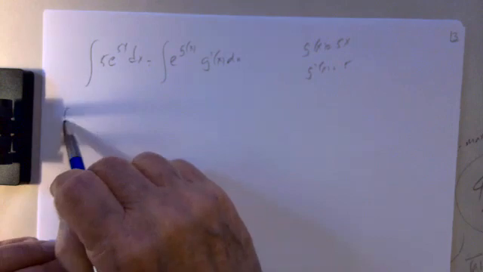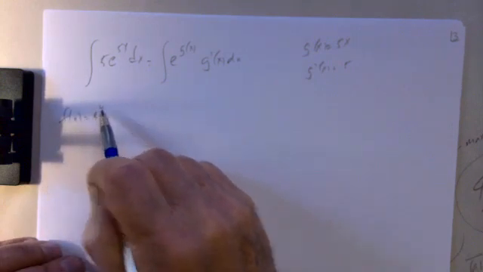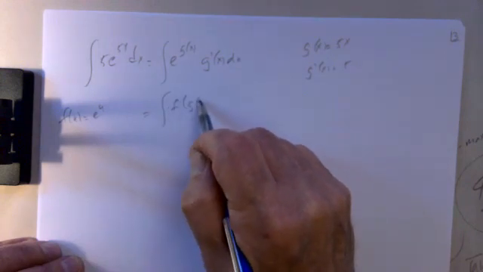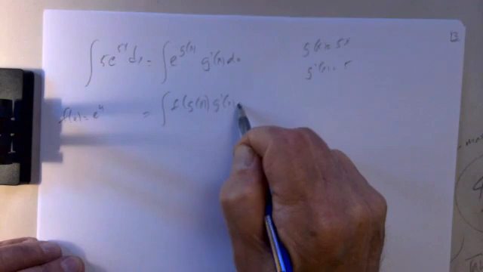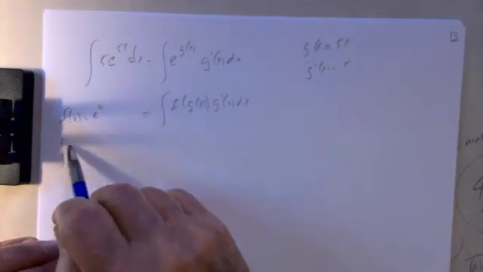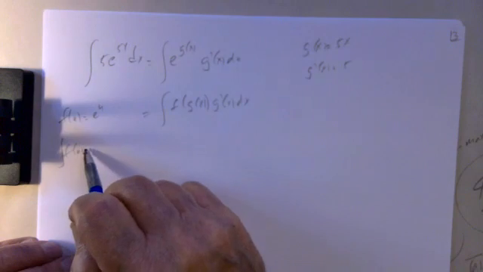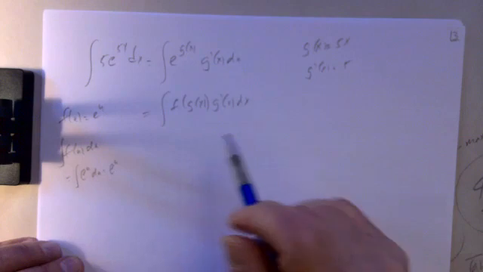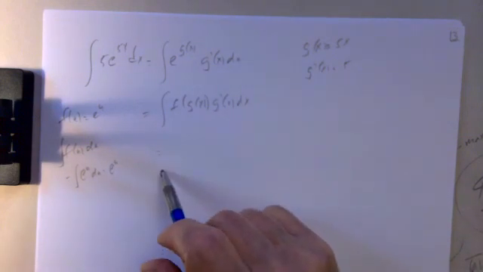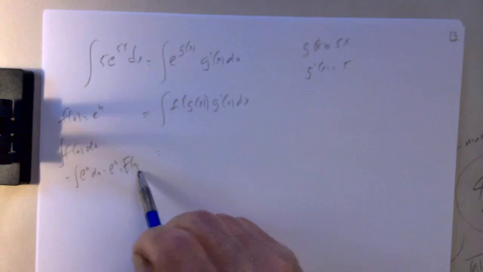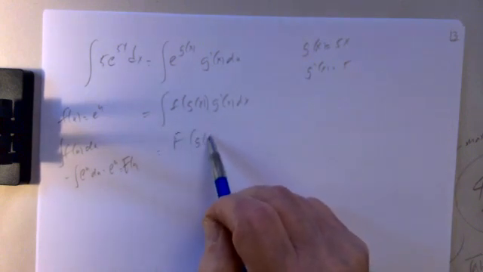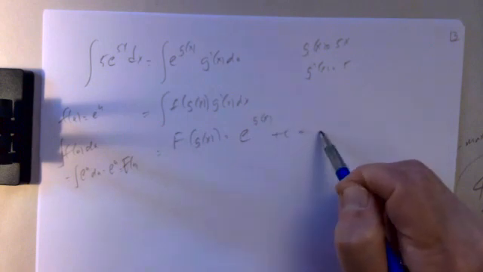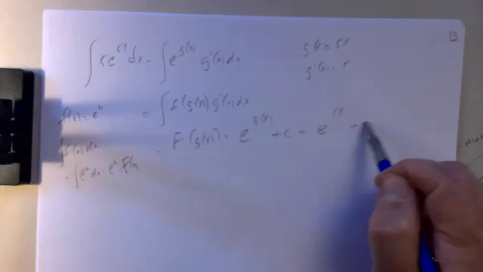And if I think of f of u as being e to the u, this is of the form f of g of x, g prime of x dx. The integral of f of u is the integral of e to the u, which is e to the u. So this is my function capital F of u. So this is capital F of g of x, which is e to the g of x, which is e to the 5x plus a constant.